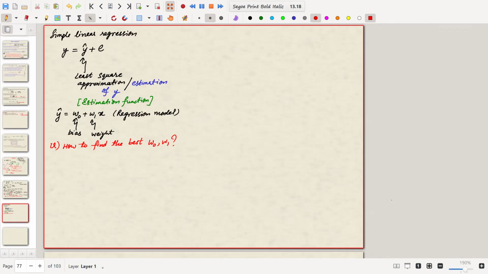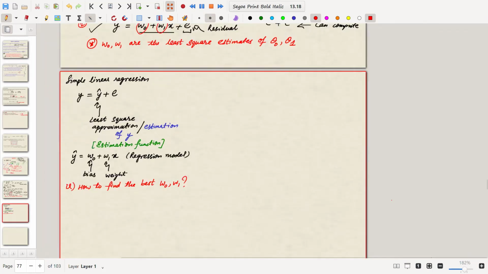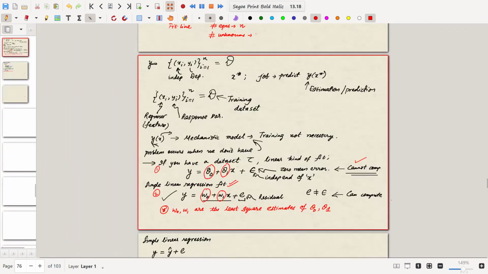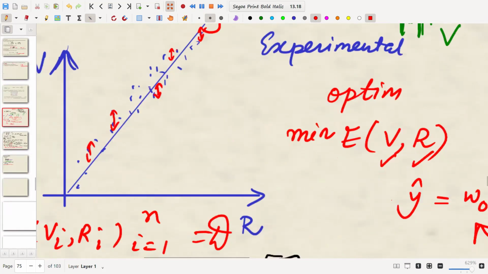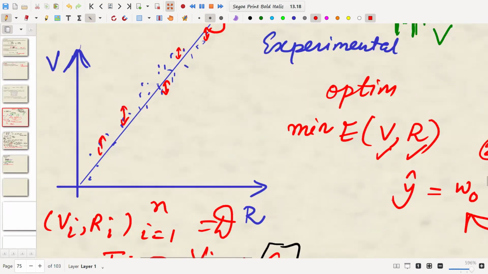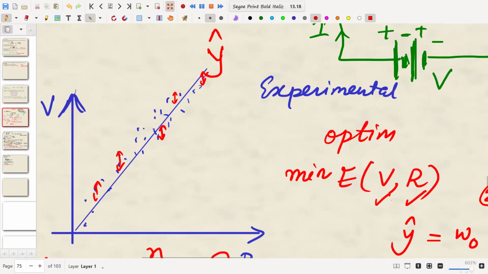I told you here. These blue points are the data set given to you, and the line is the linear fit regression line. This line is w0 plus w1x, isn't it? So if you change w0 and w1, the line will shift.